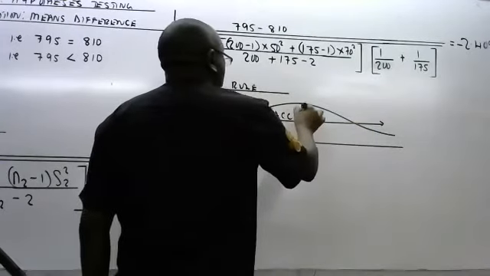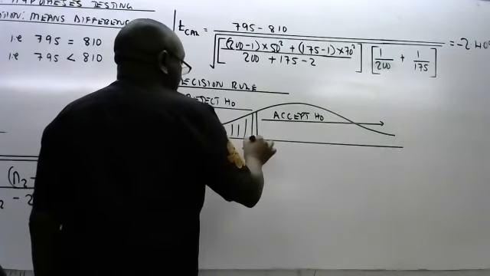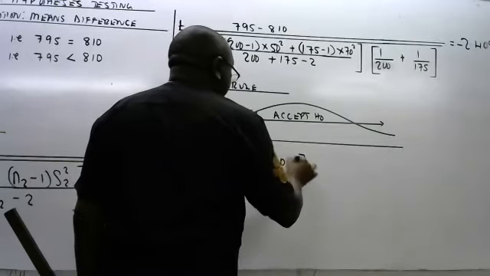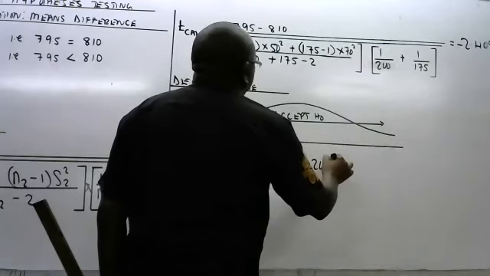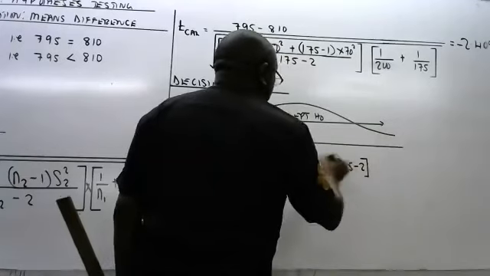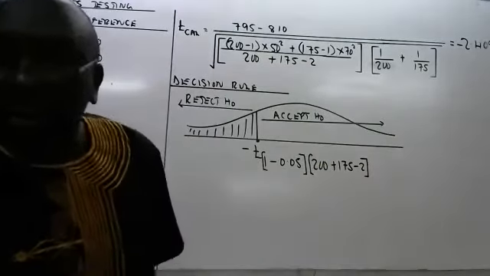Then here we will say accept null. And then here it will be minus t, 1 minus 0.05. And the degrees of freedom will be 200 plus 175 minus 2. So draw that and then go to the tables.